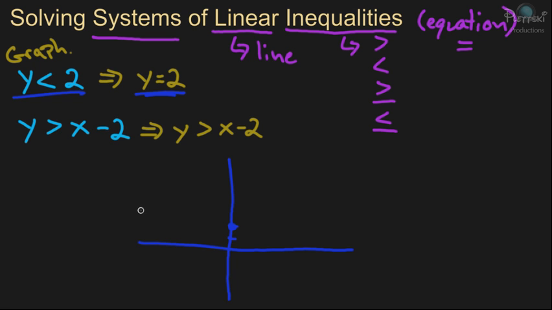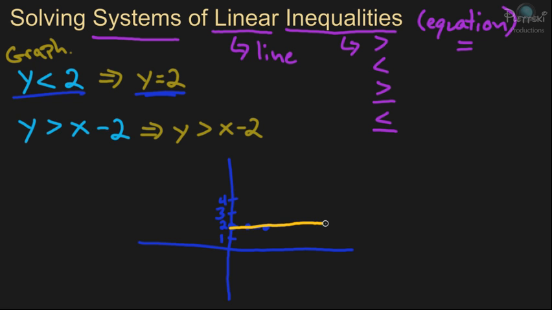It doesn't matter what x is, but it's any point where y equals 2. So we have all these points. So if here's 1, 2, 3, 4, y is going to equal 2 anywhere on this horizontal line.